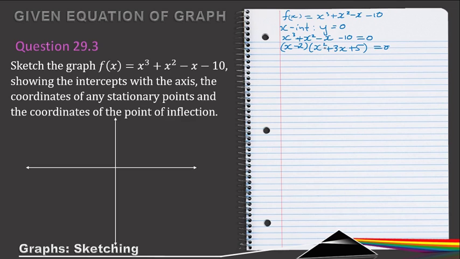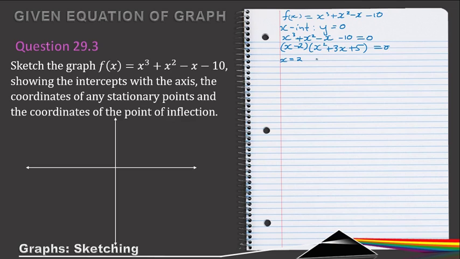Now this one can't be factorized, so to find our roots, we're going to use the quadratic formula, and here we get x equal to 2, which is quite easy.